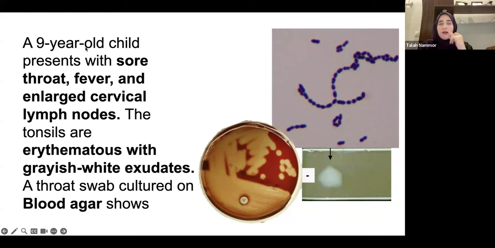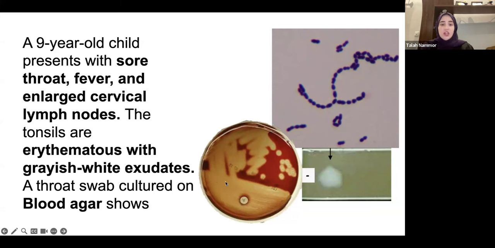Alpha is partial hemolysis. They don't have everything they need to completely hemolyze the agar. Beta hemolysis, the agar would be clear because they're able to hemolyze the blood completely. And gamma hemolysis is when they do not have anything that would help them to hemolyze the blood. So in here, do you guys think this is alpha, beta, or gamma?